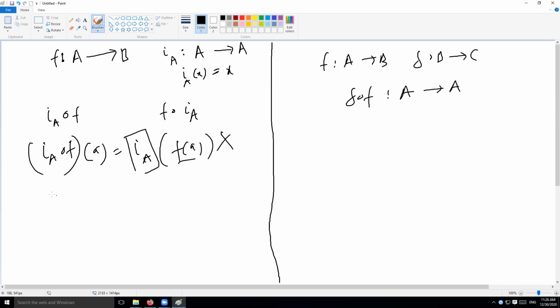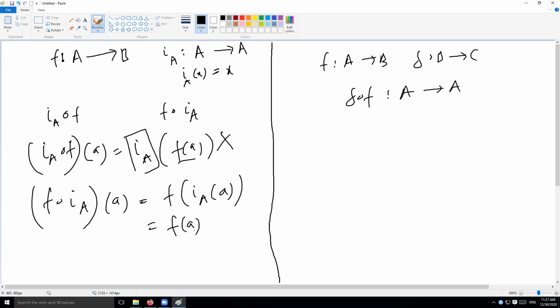Okay, so how about f composition identity operated onto a? Would that make sense? Yes, this is going to make sense. And what would be the output? f operated onto identity of a, and identity of a is a, so you're going to get f of a.